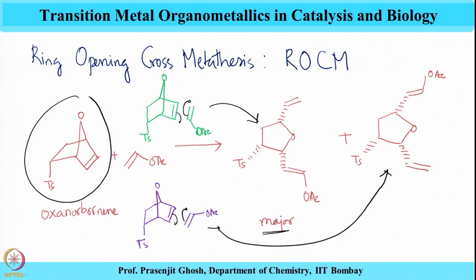Now, as we had discussed earlier, these metathesis reactions are often thermoneutral reactions by the fact that the energy required for breaking a double bond is also almost equal to the energy required in the formation of a double bond.